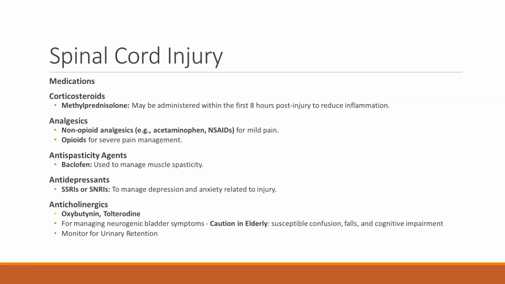Unfortunately, we want to use them cautiously in our elderly clients because they can increase confusion, they can increase their risk for falls, they can impair their cognitive status, and they can also lead to urinary retention. So we may have to teach them to do either some intermittent catheterization, making sure that we are not holding on to a lot in our bladder.